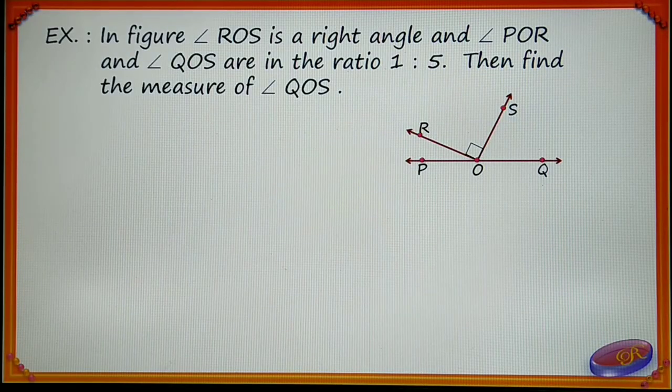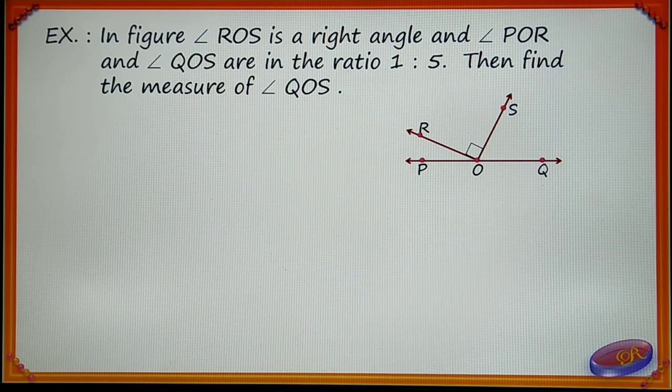Example. In the figure, angle ROS is a right angle and angle POR and angle QOS are in the ratio 1:5. Then find the measure of angle QOS. Solution.